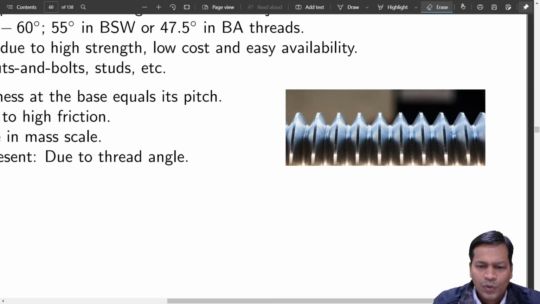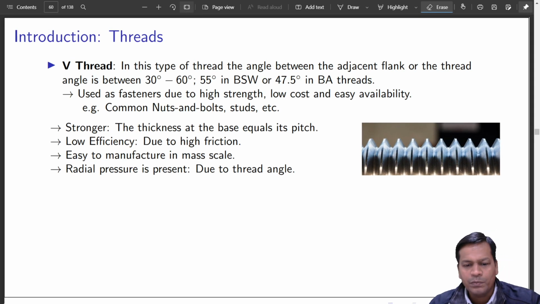Okay, back to normal zoom. This is also known as the thread angle, and it is between 30 to 60 degrees. So this angle varies from 30 to 60 degrees.